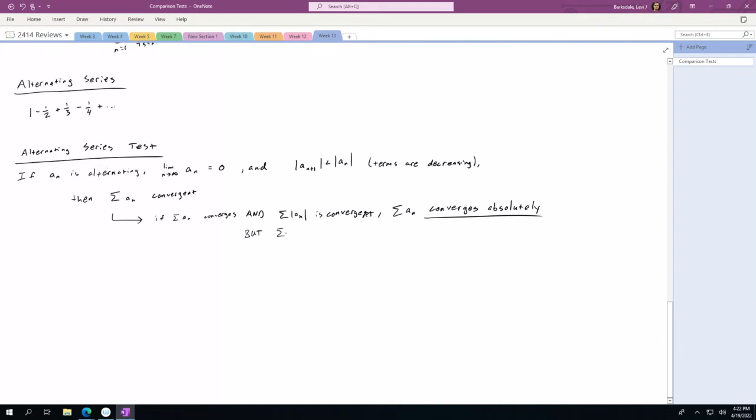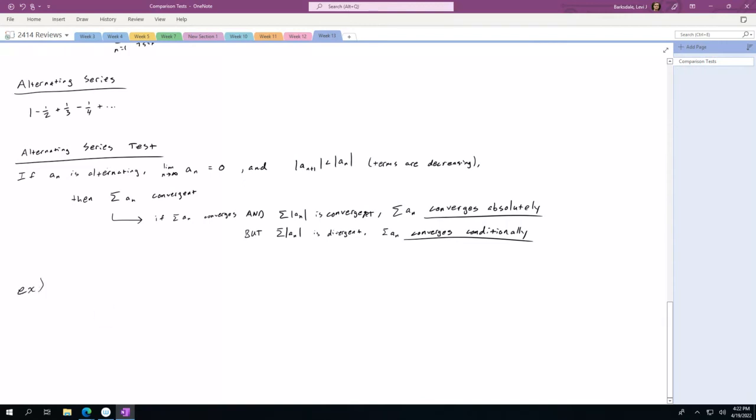If instead we have that the sum of the absolute value of a sub n diverges, then we say that the sum of our series converges conditionally, and that condition being it has to be alternating. And if these properties up here aren't satisfied, then we know that our series will diverge.